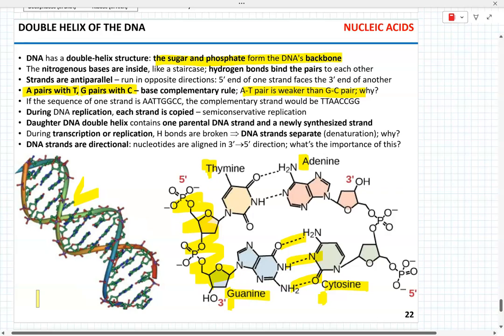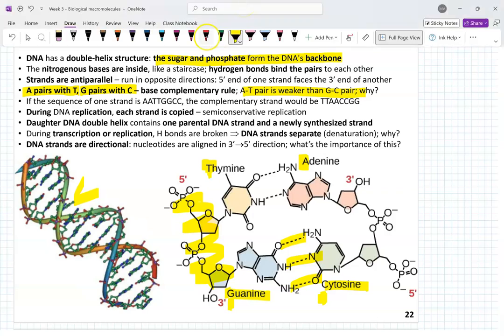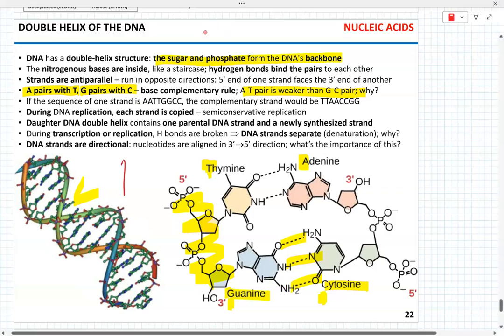Strands of DNA in the double helix are antiparallel. It means that these strands run in the opposite directions, like this. The complementarity also allows us to figure out the sequence of one strand if we know the sequence of another.